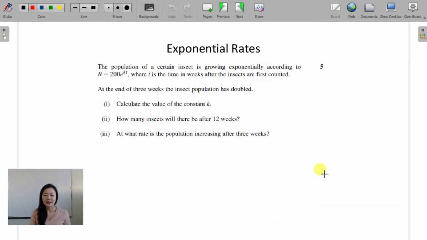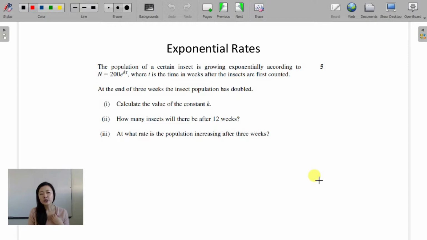Moving on. All right, so another type of equation we work with a lot under rates of change is exponential rates. So a lot of physical phenomena actually follows exponential growth and decay, and that's what this kind of explores.